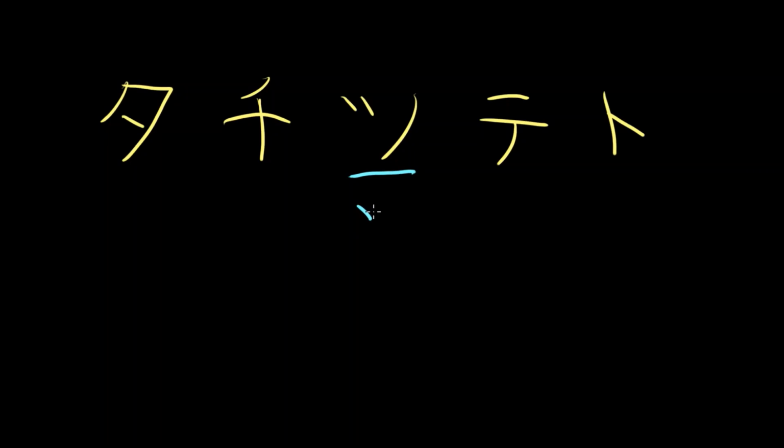So just as a note, shi looks like that, whereas tsu looks like that. Slight difference. It's based on where you start your stroke and a slightly different angle. If you're starting from the top here, it's a tsu. If you're starting from the bottom, it's a shi. You can easily get mixed up. I found that most people find katakana slightly harder than hiragana, even though it's meant to be a simpler script. There are too many similarities, so it becomes a bit confusing at times, even for me.